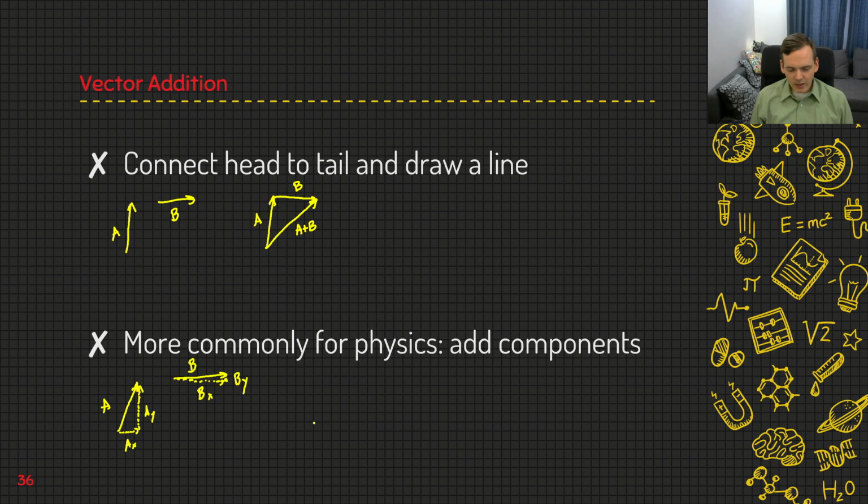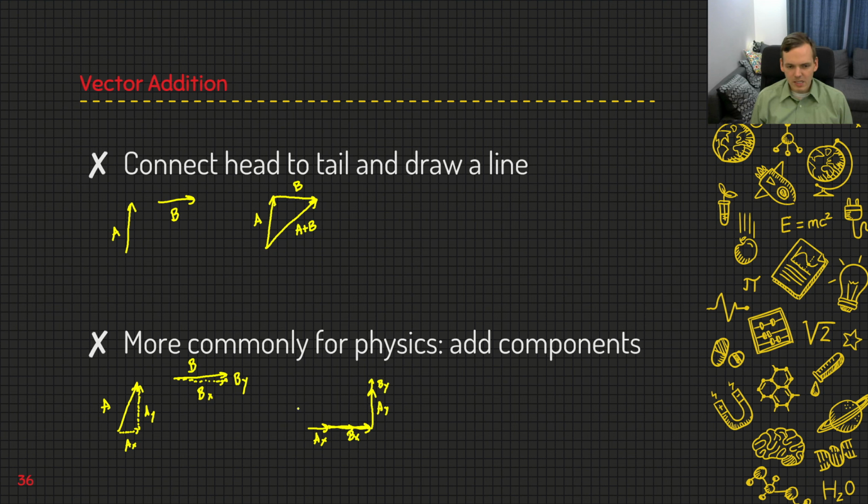And then my final vector is just going to be the AX component plus the BX component. Then I can add the AY component and the BY component.